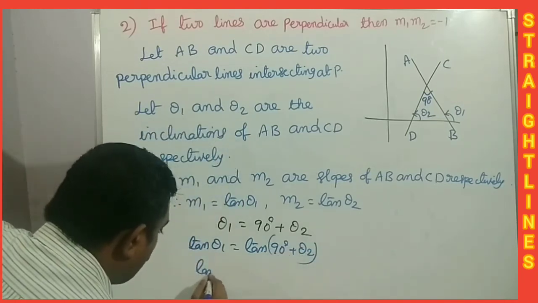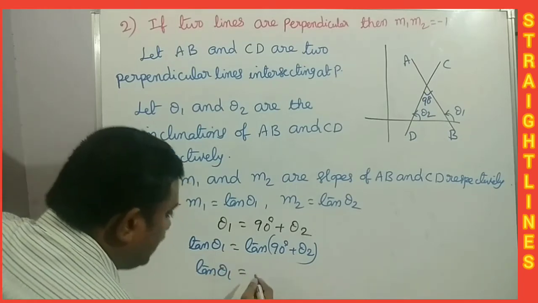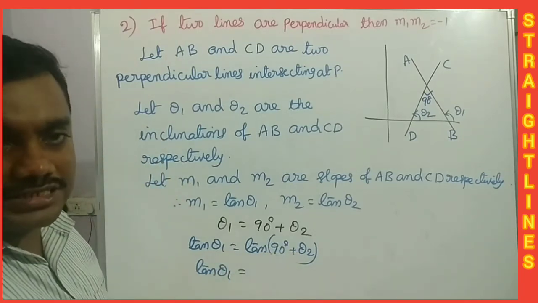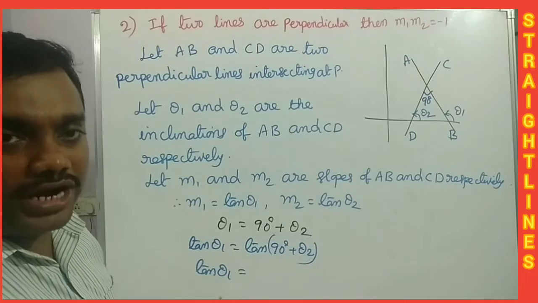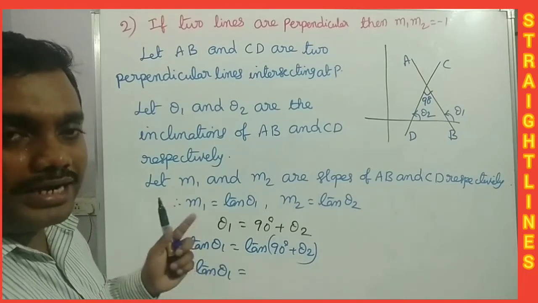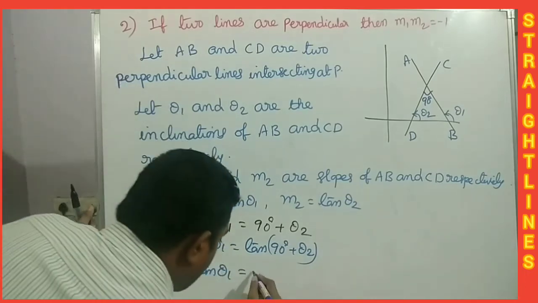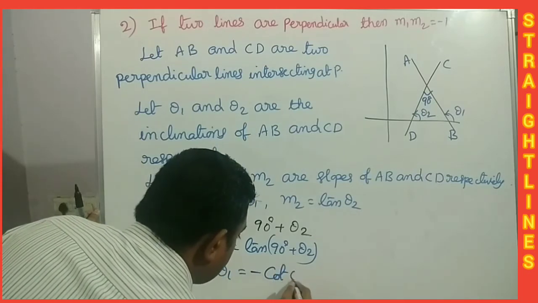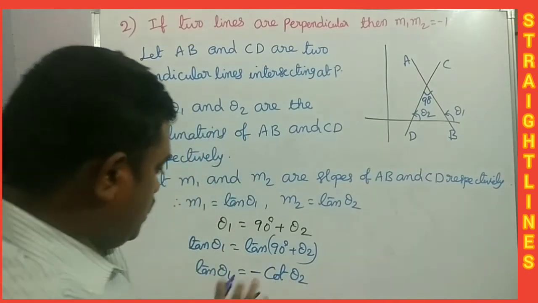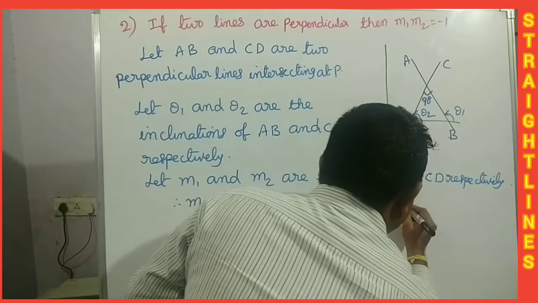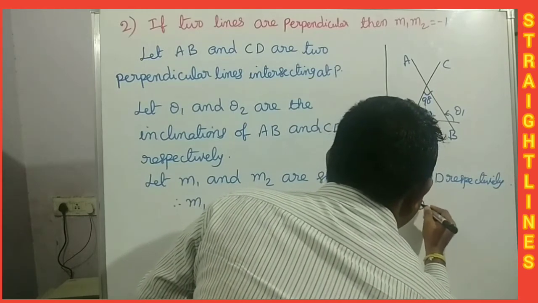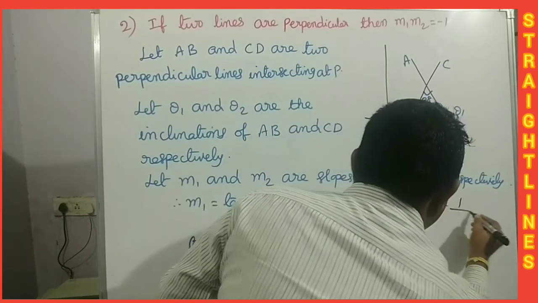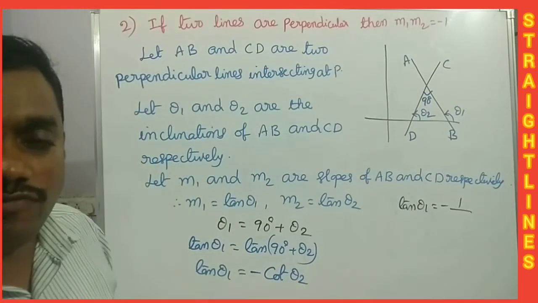Tan theta 1 equal to tan 90 plus theta, the formula is minus cot. In the second quadrant, tan is negative and tan changes to cot. So it is minus cot theta 2. Tan theta 1 equal to minus 1 by tan theta 2, since cot theta can be written as 1 by tan.